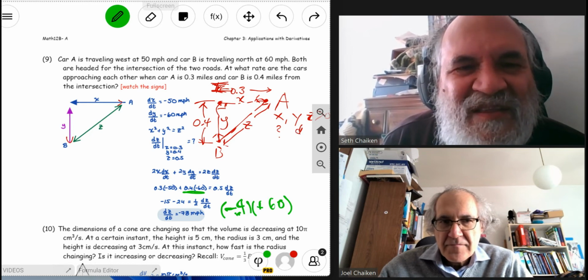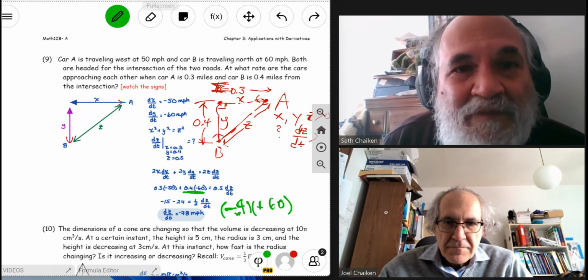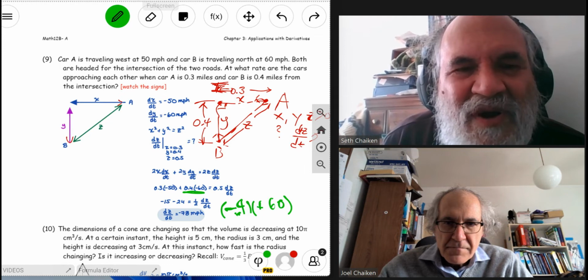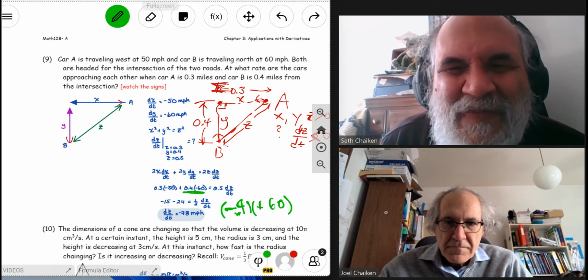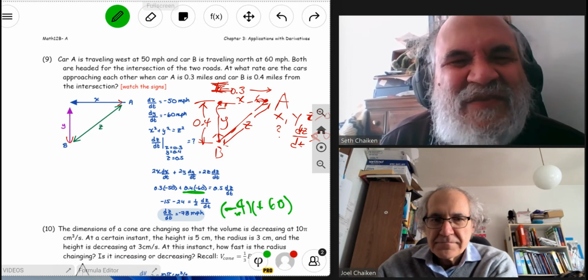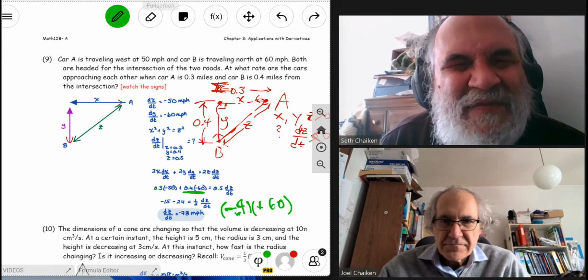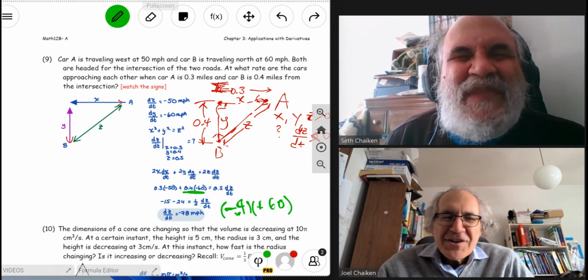So what we're interested in is dz dt with calculus, and dz dt in this formulation should be negative, but the answer to the question should be positive.